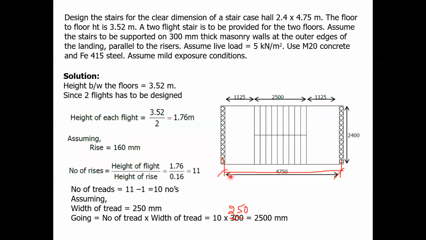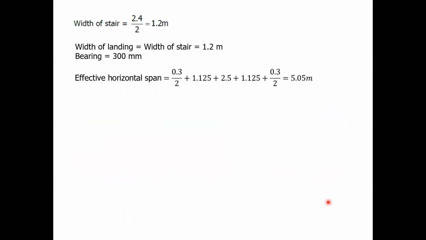Right. So how much is the answer? That is 0.3 by 2 plus 1.125 plus 2.5 plus 1.125 plus 0.3 by 2, right? So what is the horizontal span? You'll get 5.05 meter, right? In terms of meters.